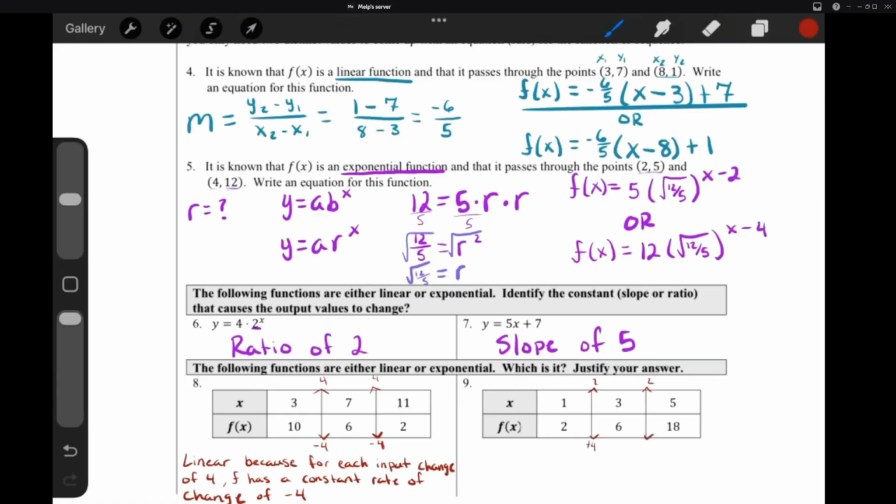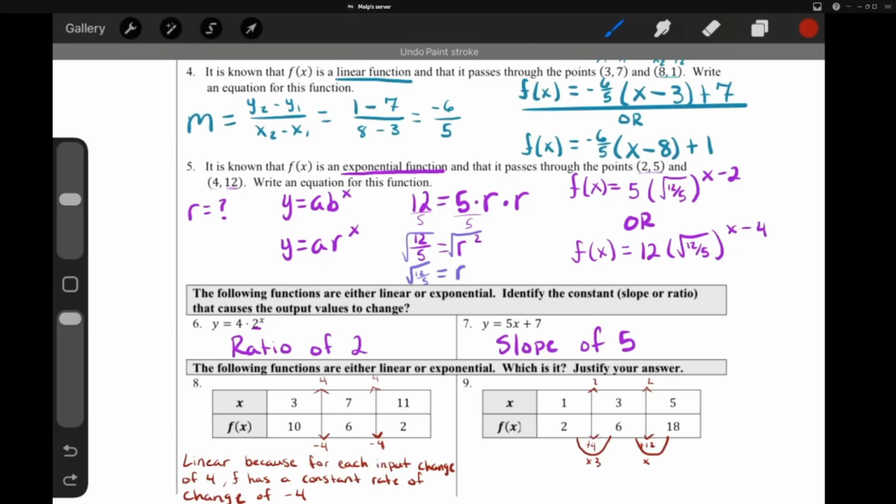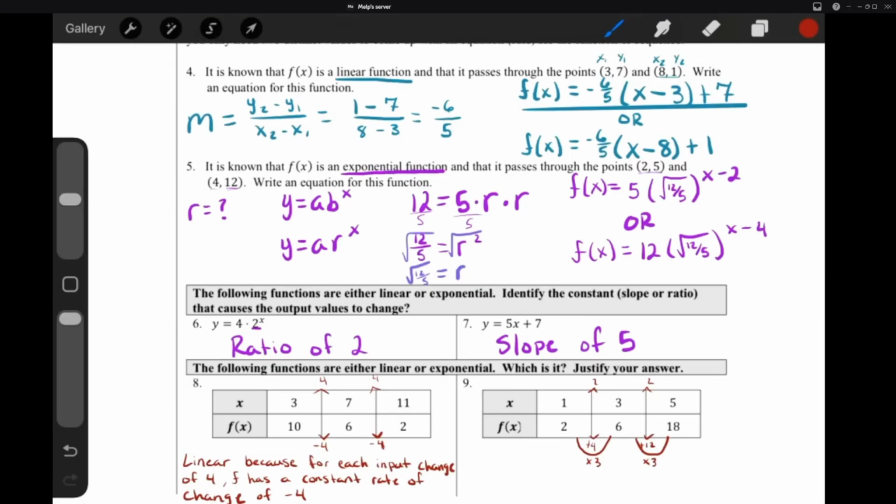From 6 to 18, this is 12, so this is not linear. Let's go ahead and see about multiplication. So what multiplies 2 to get us 6? Times 3. 6 to 18, that is also times 3.